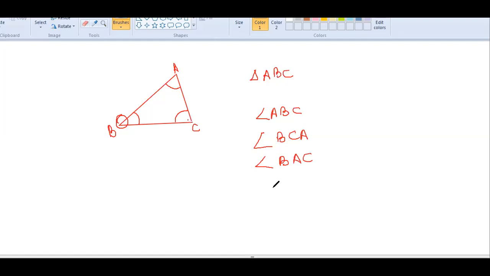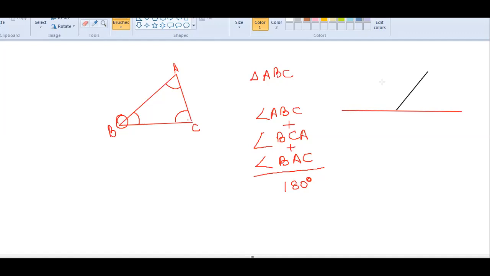You know, in a triangle, if you add all three angles, you will get 180 degrees. And one more thing: suppose there is a line and another line is landing on it.